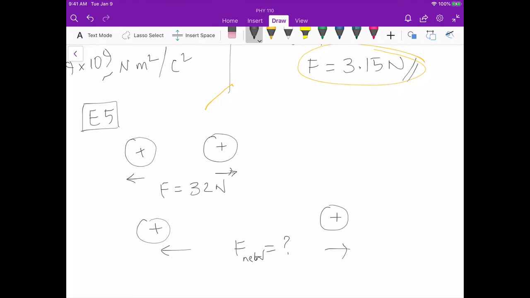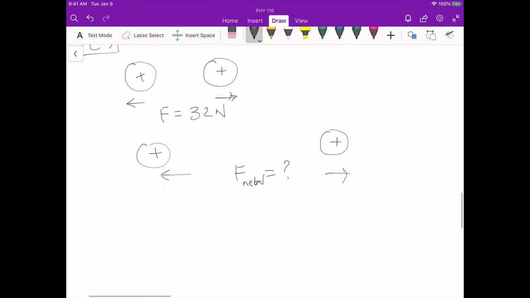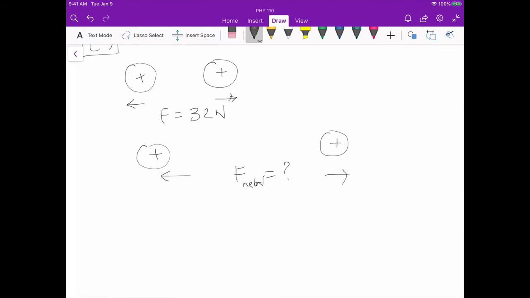So look at the equation. You'll need to answer this by simply looking at the equation. Force equals K times Q1 times Q2 over R squared.